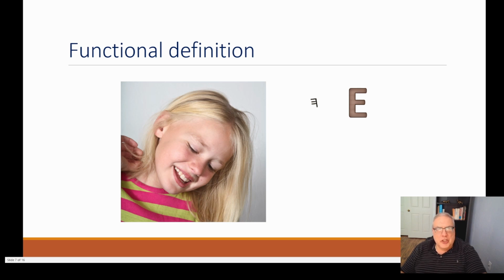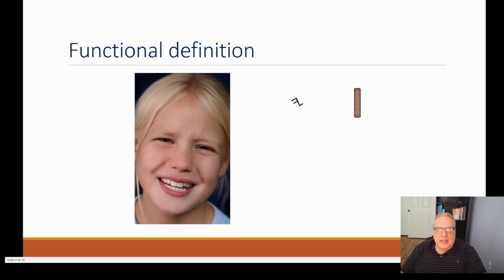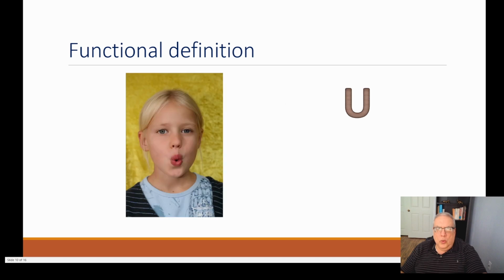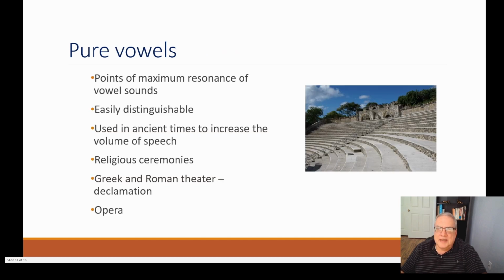It gives a position of the mouth for E, I, O, and U, which in English is E, I, O, and U. This means in 1726 they were looking at the action that was performed in order to pronounce these sounds and what these letters represented.